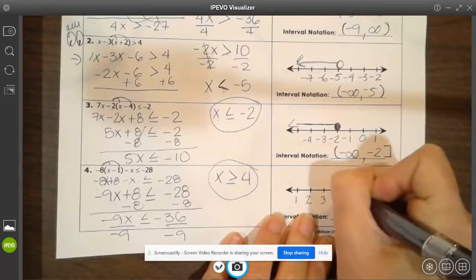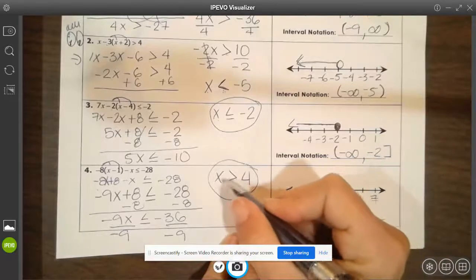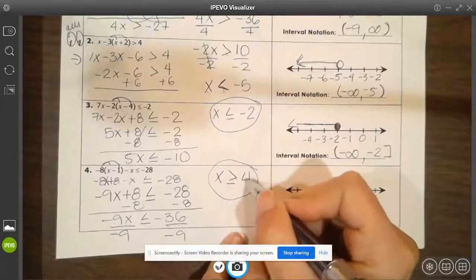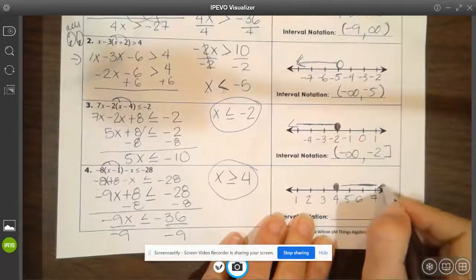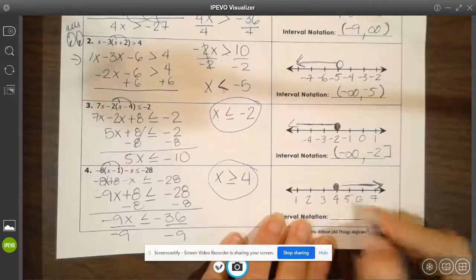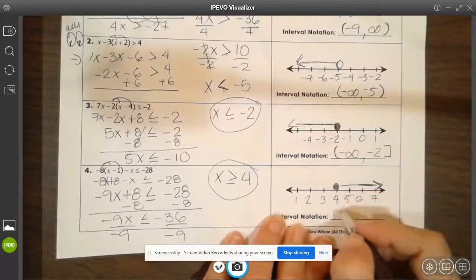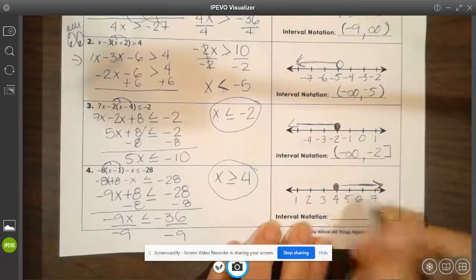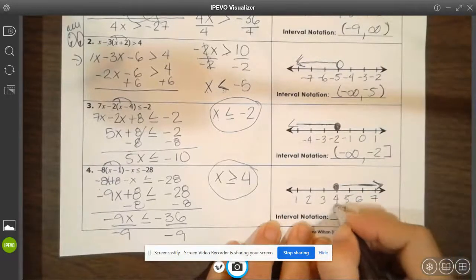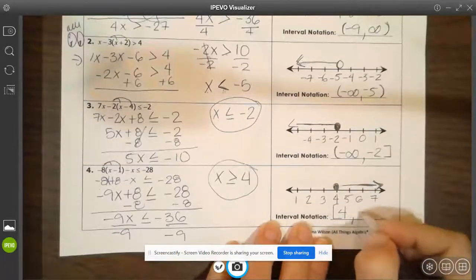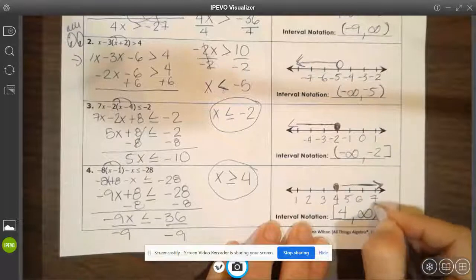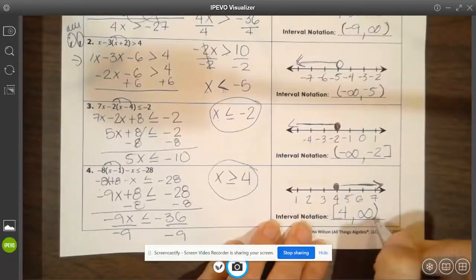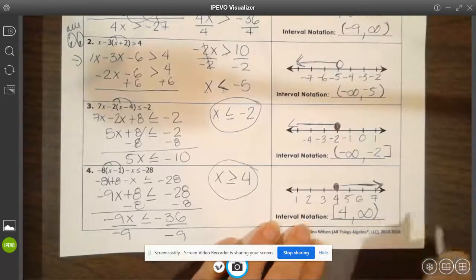So I'm going to close my circle, and all my numbers are going to be higher than that number, so it's going to go to the right. Okay, so my interval notation will look like this. So 4 with a bracket, and it goes to infinity, right? And you close every infinity, positive or negative, with a parenthesis.